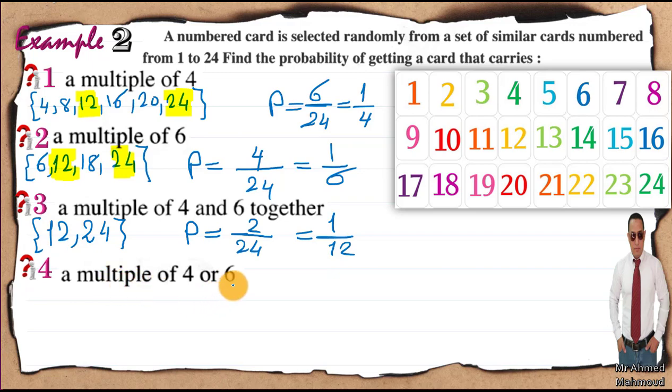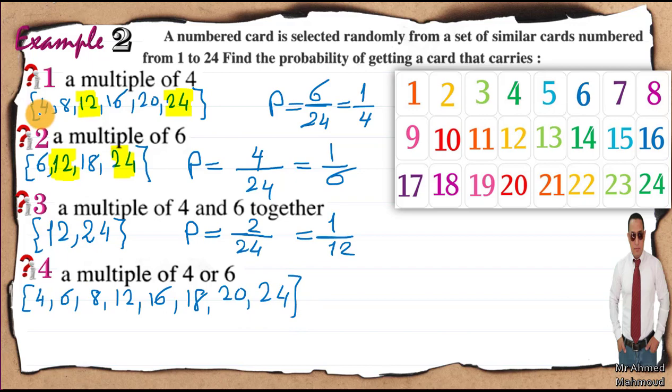Multiple of 4 or 6. Okay, there is a difference between and and or. And means the common. Or means I'm going to take all of them. Or, by another meaning, means the union. So I'm going to take all numbers divisible by 4 plus all numbers divisible by 6 and write down the common ones one time only. So they are 4, 6, 8, 12, 16, 18, 20, 24.